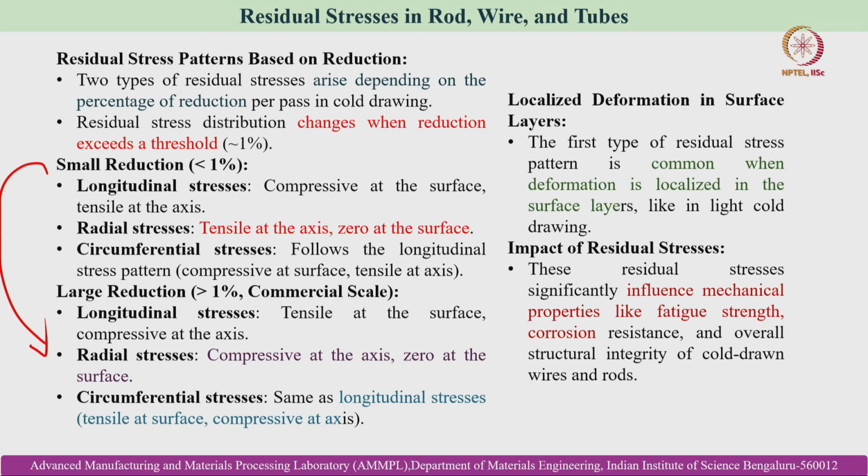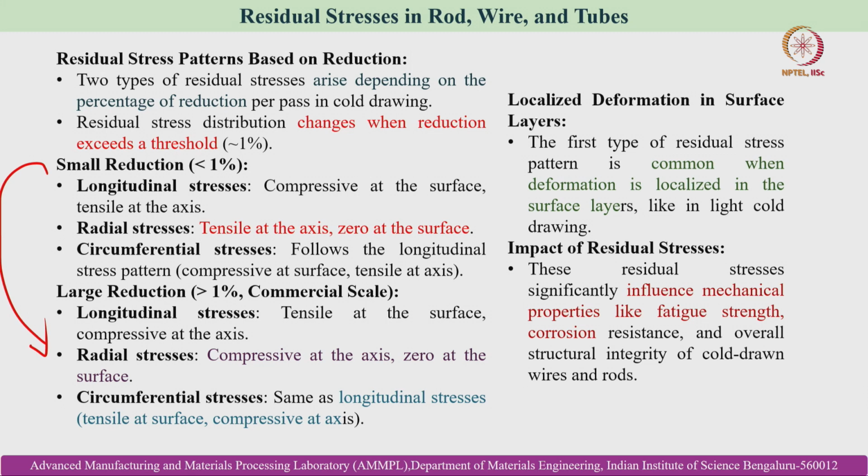In case of radial stresses, again it is exactly the opposite of what we have discussed for small reduction. Here it is compressive at the axis and 0 at the surface. Circumferential stresses follow the same trend as longitudinal stresses in both small as well as large reduction, as we have discussed before.